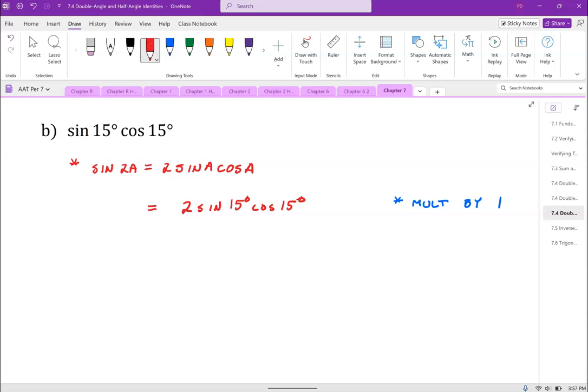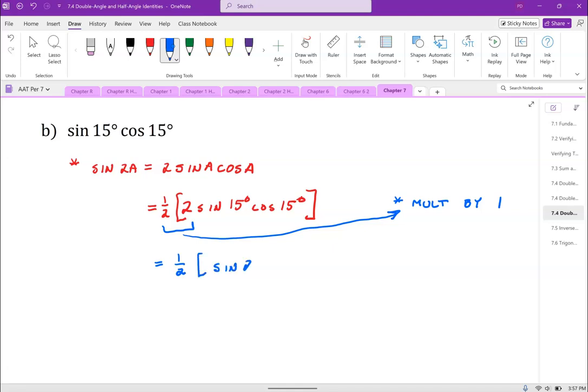So what if that 2, instead of being a 2, I multiply by 2 and I multiply by a half? Now if you think about that, that 1/2 times 2 is really just a multiplication of 1. So what we're really saying here is I have 1/2 times this double angle, don't I? 1/2 of sine of 2a.